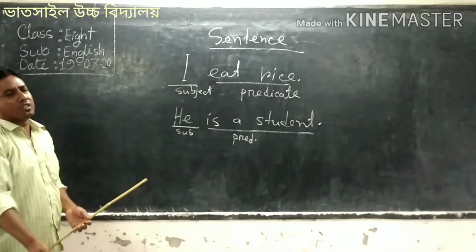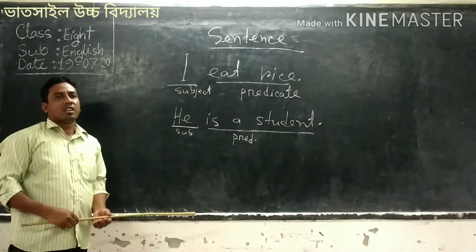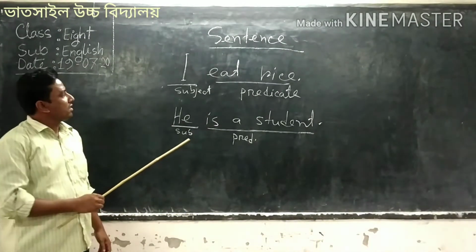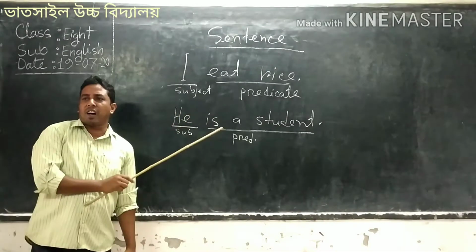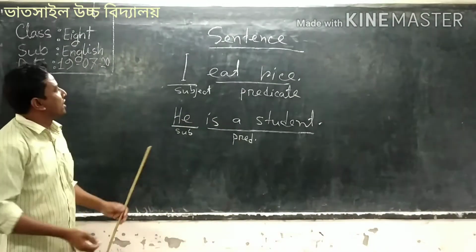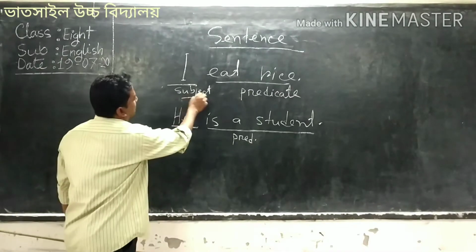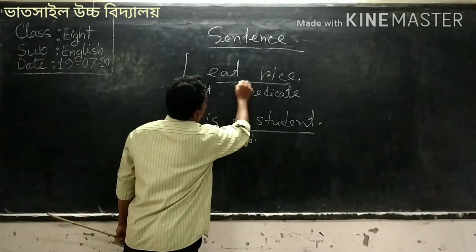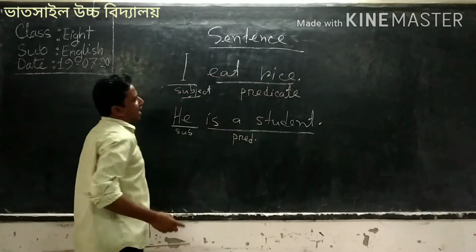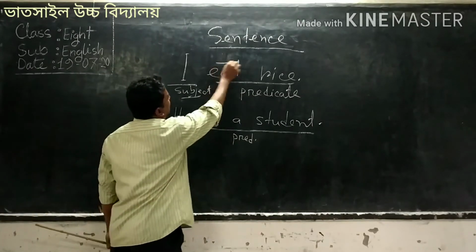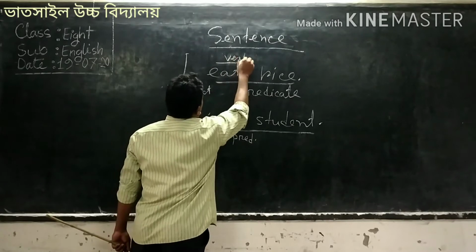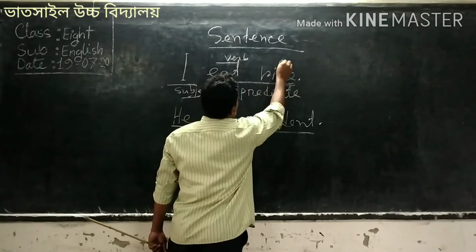We can also see three parts of a sentence in this way. Subject, predicate. This part has also two parts. Eat is the verb, rice is the object.